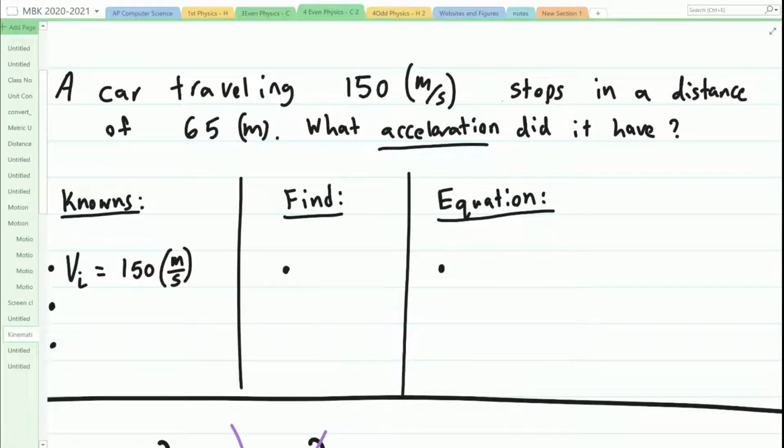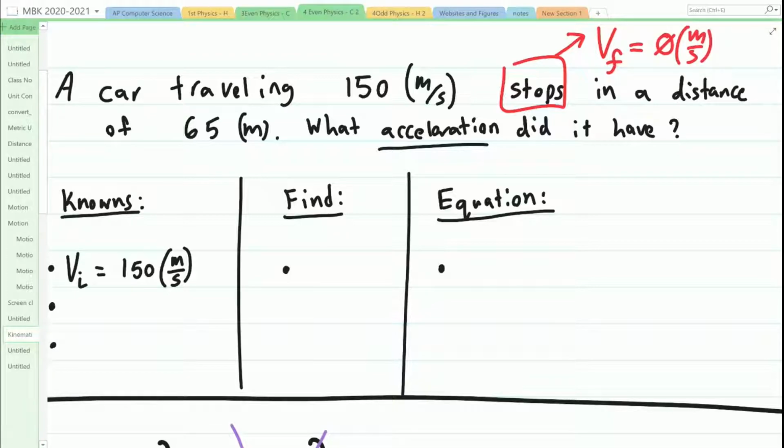And then it says that it stops. Anytime I see the word stops or rest or anything like that, that's telling me something about one of my other velocities, whether initial or final. If it says that it stops, that indicates our final velocity, and more specifically, that my final velocity is equal to 0 meters per second.